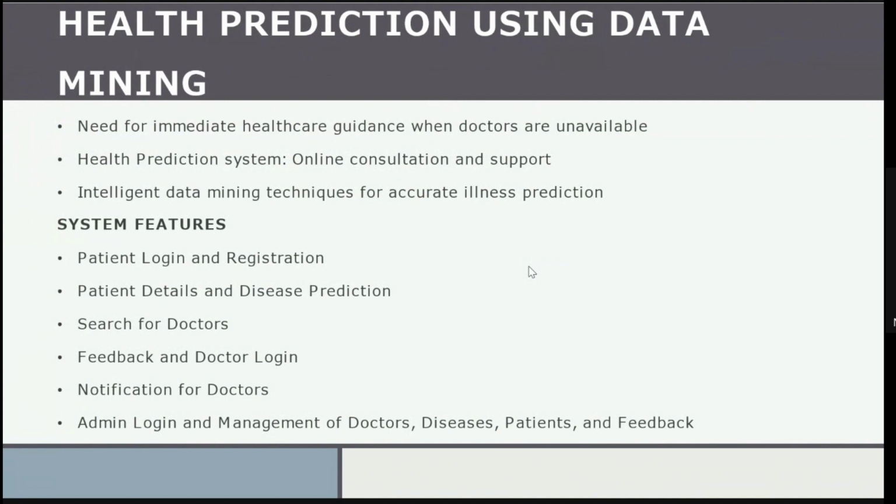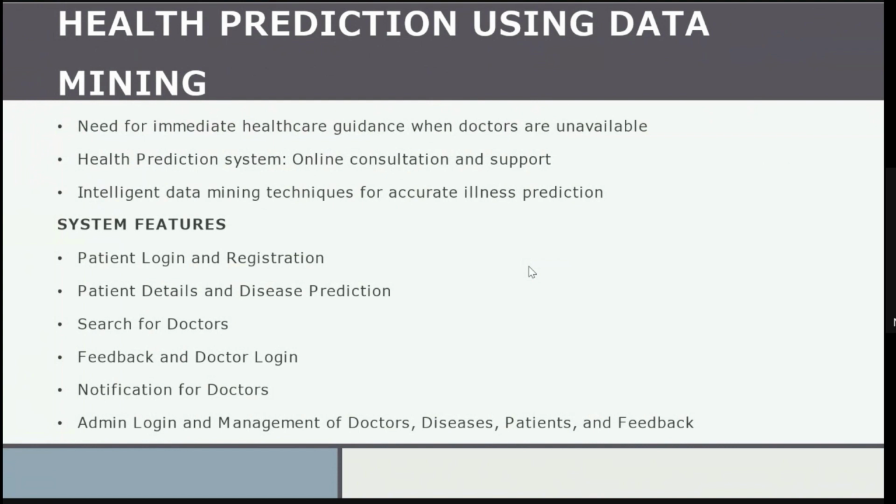You need to have immediate healthcare guidance when doctors are unavailable. There are lots of applications where they have created doctors' databases, and you need not really personally go and consult. It can happen online as well.